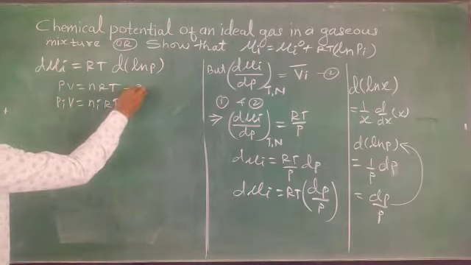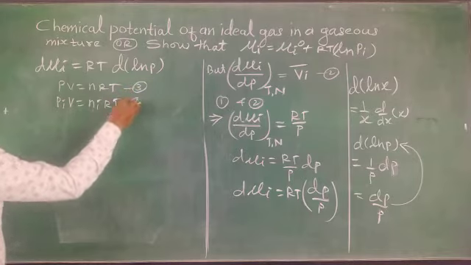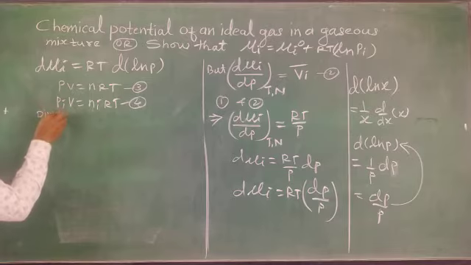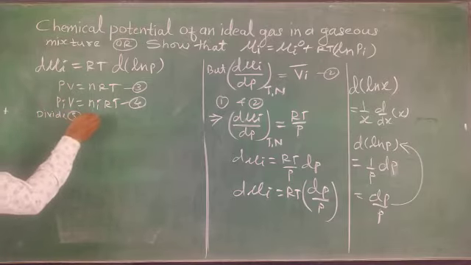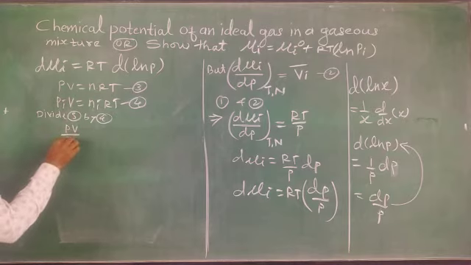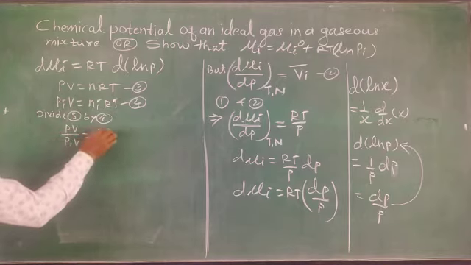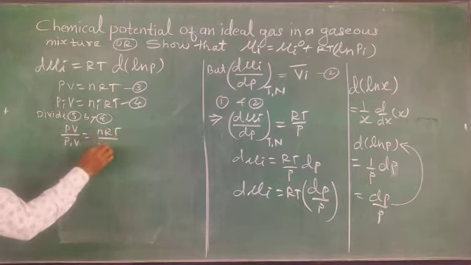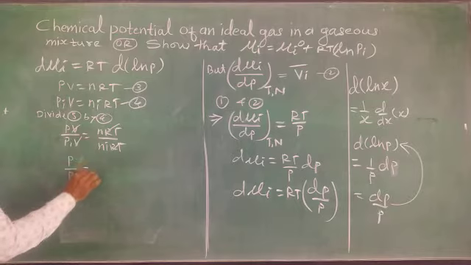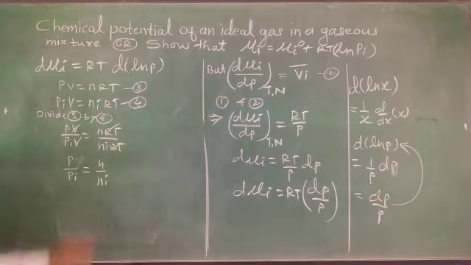Now divide equation 3 by equation 4. You will get PV upon Pi V is equal to nRT upon ni RT. Now like terms get cancelled. That's why P upon Pi is equal to n upon ni.